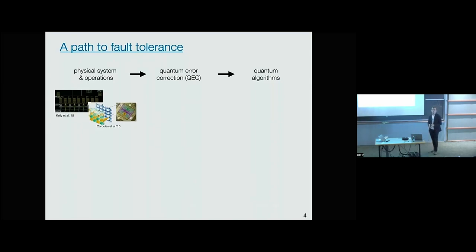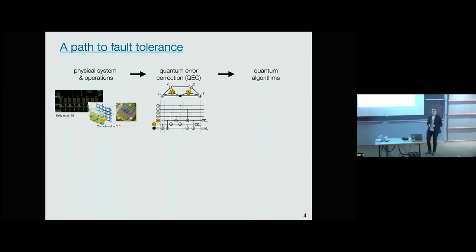For instance, we can have superconducting qubits, and then we can have entangling gates between nearest neighbor qubits. And then if the quality of our qubits and physical gates is sufficiently good, then using some clever quantum error correction techniques, we can realize a logical qubit and logical gates of much better quality.